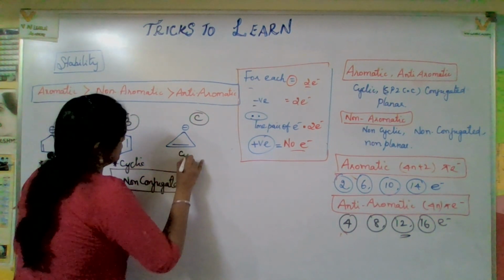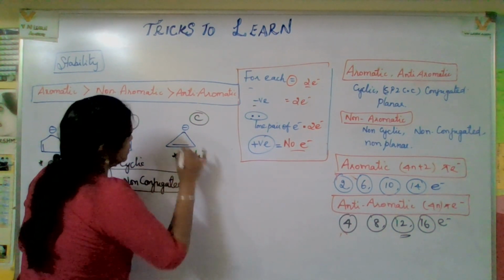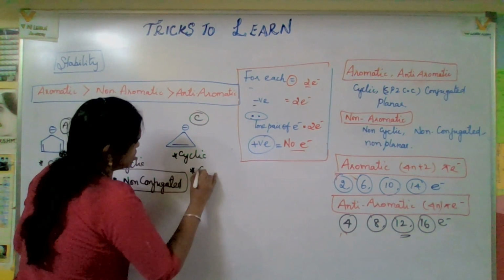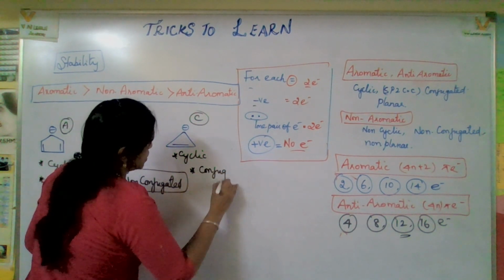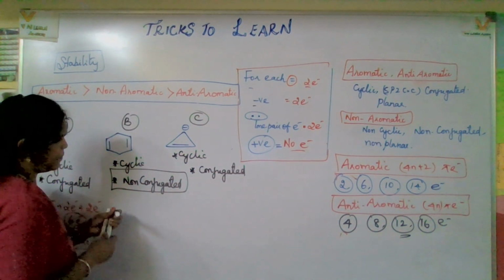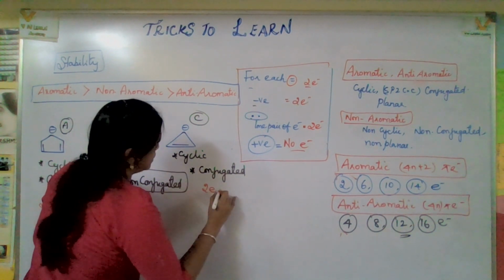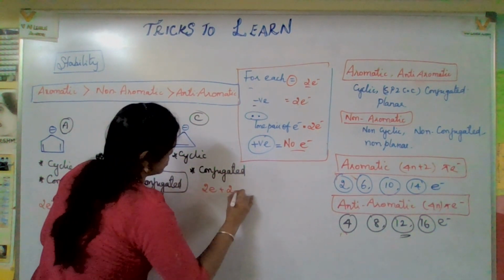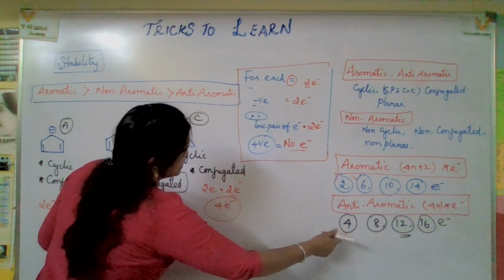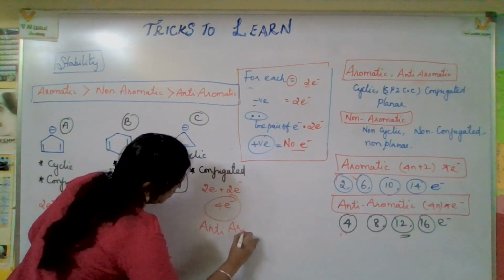Here cyclic is available, and the second one has a double bond, single bond, negative charge. Yes, it's conjugated. So how many electrons are available? For each double bond 2 electrons, and the negative charge 2 electrons. So altogether 4 electrons, and 4 electrons means it comes under anti-aromatic.